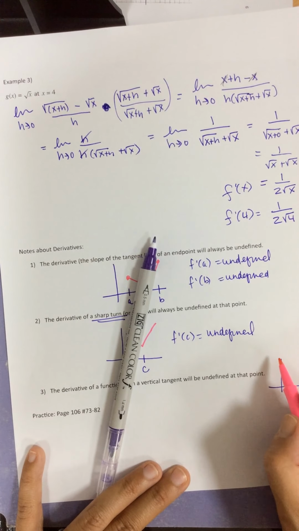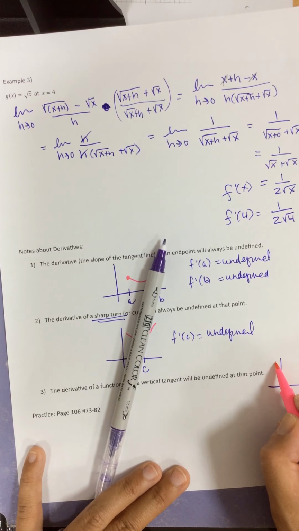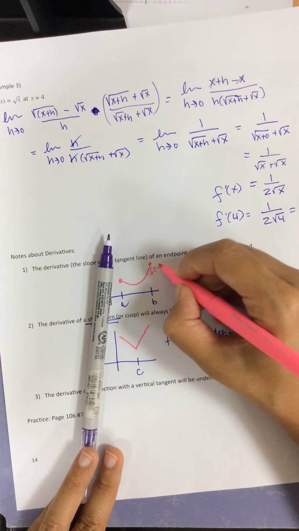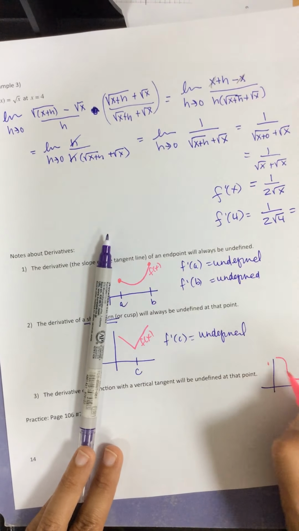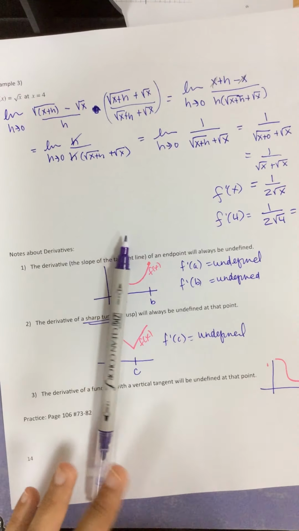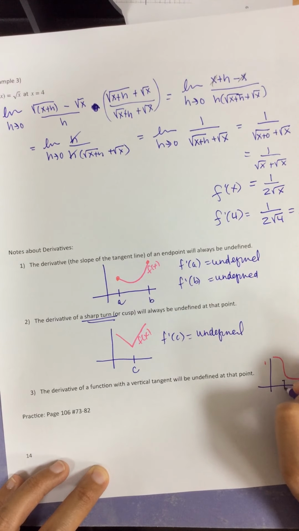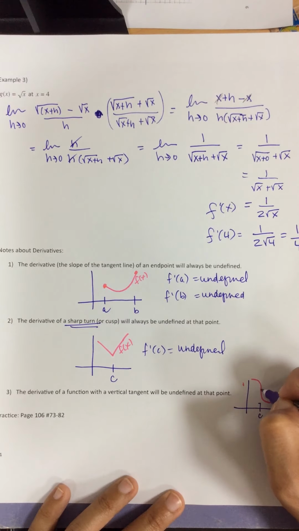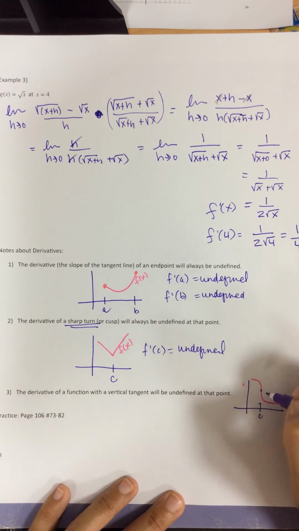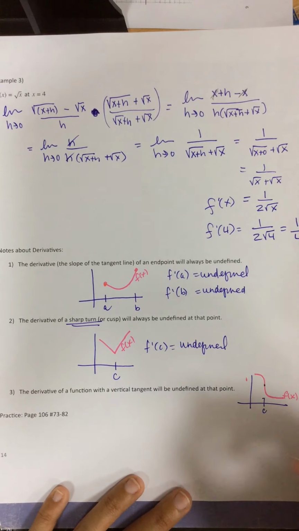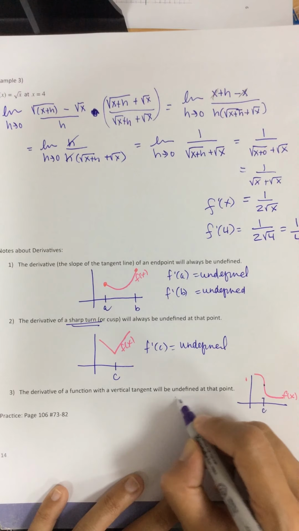Let's say you have a function like this. So there's your function. We can call this f of x. If you were trying to evaluate the function at this point here, say C, where you could see that the tangent line is going to be straight up and down, well, what's the slope of a vertical line? It's undefined. So this is also undefined.